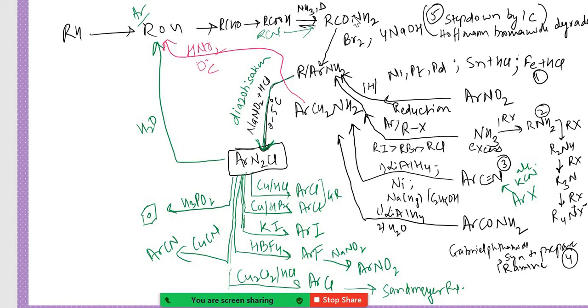Now in this amide, I will add bromine and NaOH. So Br2 plus 4 NaOH, what I'll get is amine which has one less carbon. So basically I have removed this CO group. This CO group goes as Na2CO3, sodium carbonate. So what I'll get is RNH2. So you can see I have reduced the CO group. That's why it is called descent of series or step down series by one carbon.